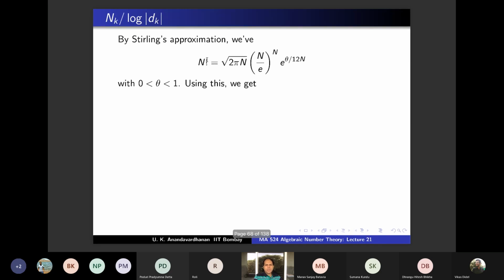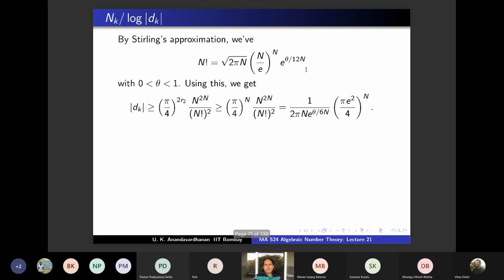Okay, so by putting this into this inequality, you can substitute n factorial by this, and you will get something. Now if you take log mod dk, you can apply log on this, you will get something. So this 2n log with respect to e, so 2n you got from e square power n, minus theta by 6n you got from here, minus log 2 pi n you got from here, and n log pi by 4 you got from here.